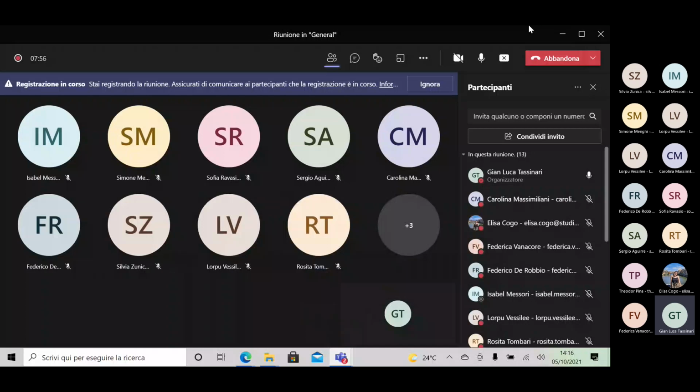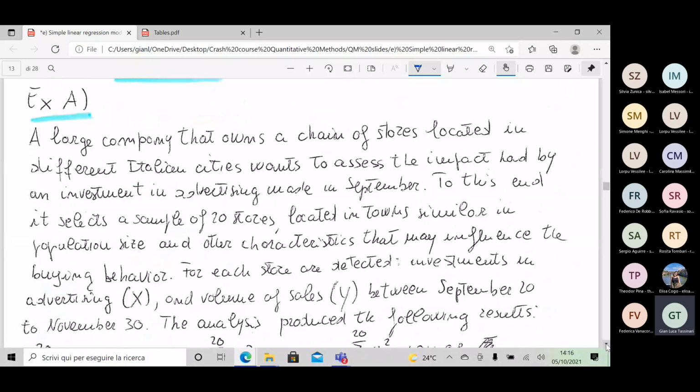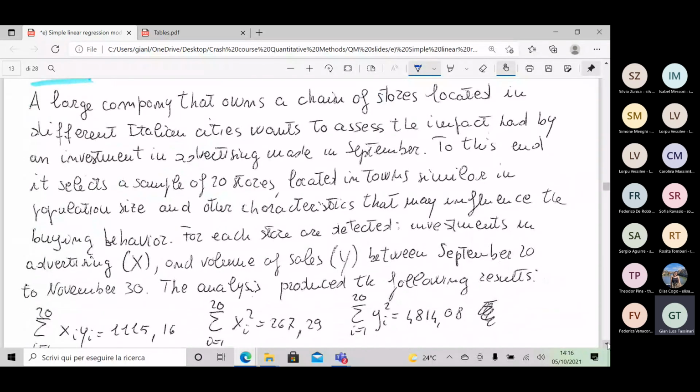These exercises are very important because for sure I will give you an exercise on the exam containing this topic. We are only 13, but we need to start because we started later, as I told you this morning.